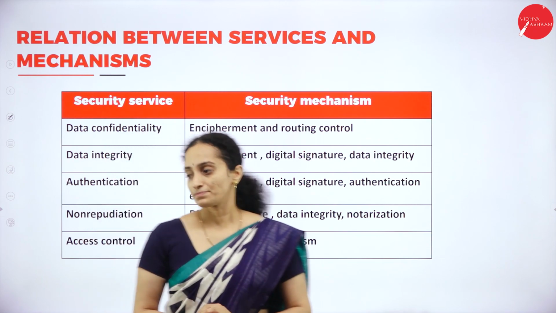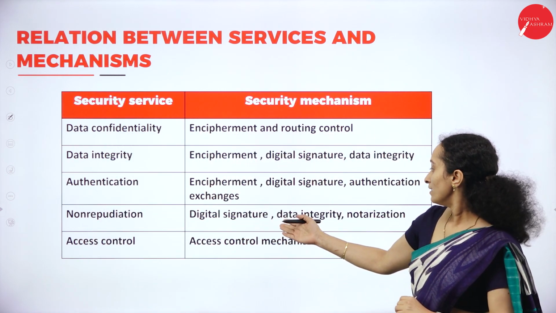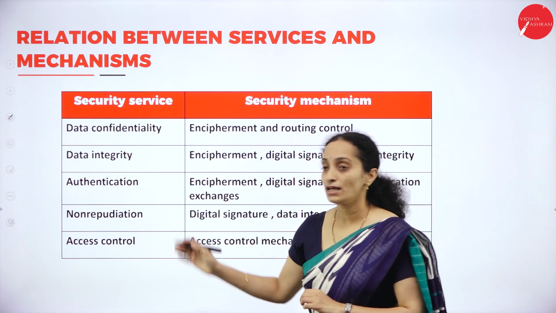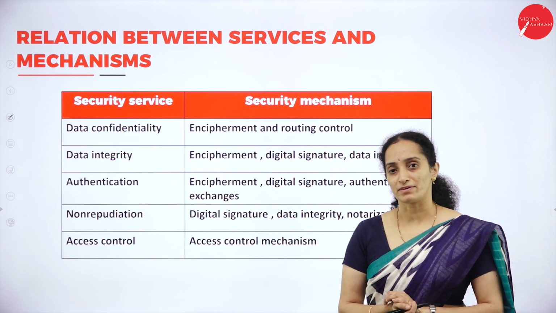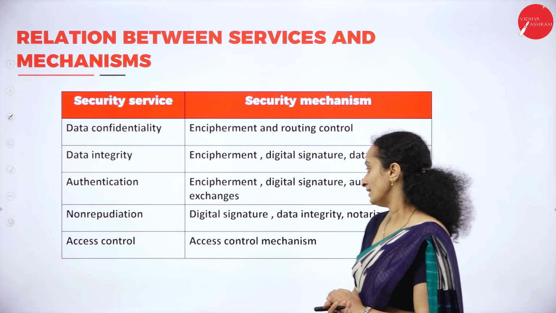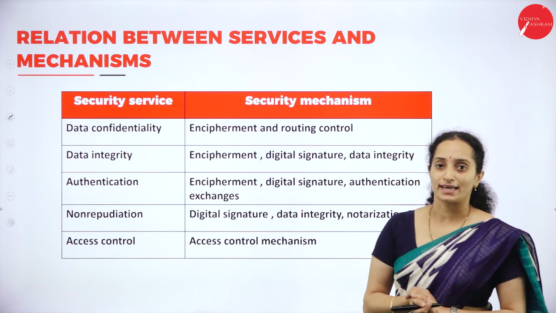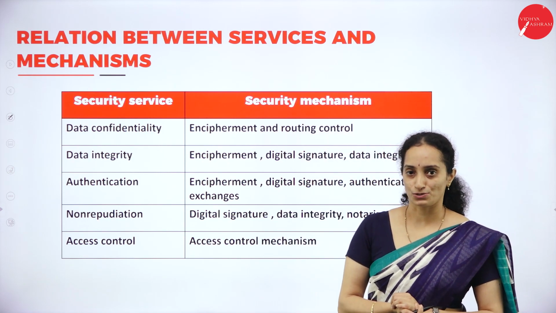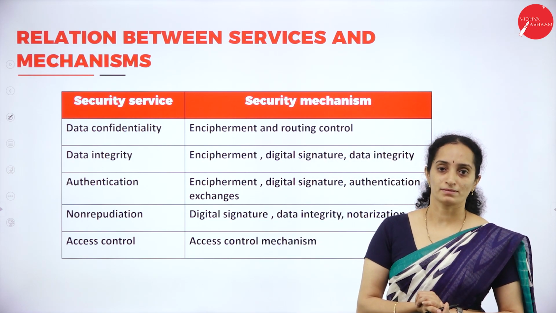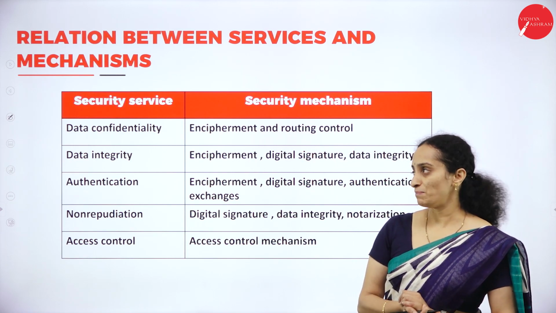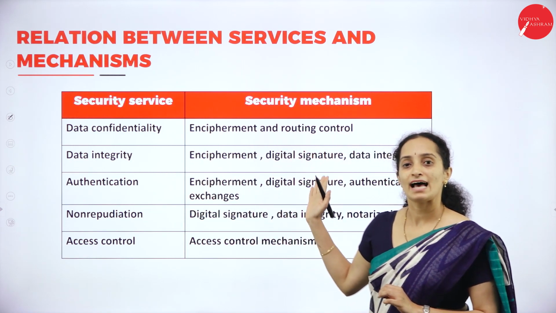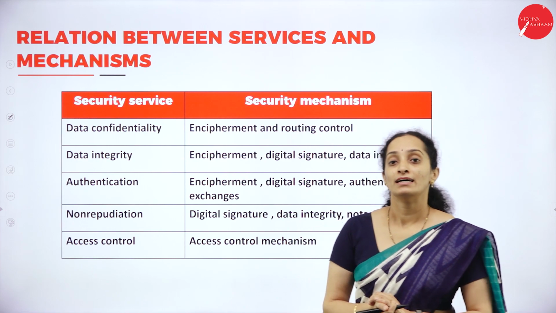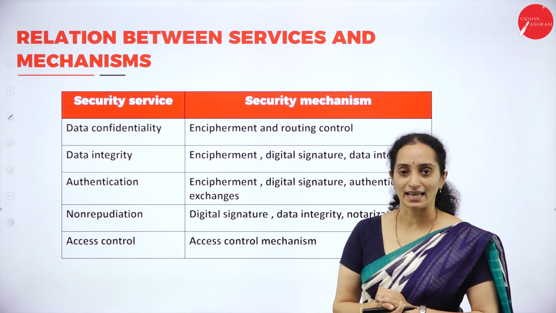Next, digital signature, notarization and data integrity mechanisms will ensure that the non-repudiation service will be provided for the user of the data, and the access control mechanism will be given for ensuring access control. So this is a table of representation for the relationship between the service as well as the mechanism. Okay, so this is about the service and the mechanism.